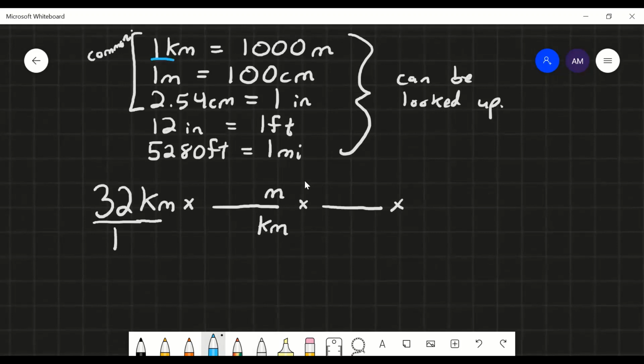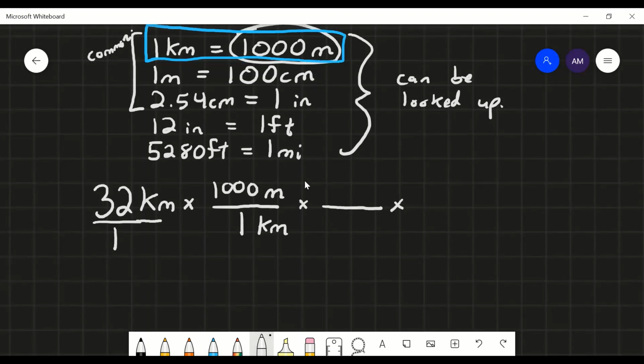This will require the first conversion that I presented, where we put the 1 with the kilometers, the 1,000 with the meters, because that's the order we see here. 1,000 goes with the meters, 1 goes with the kilometers.